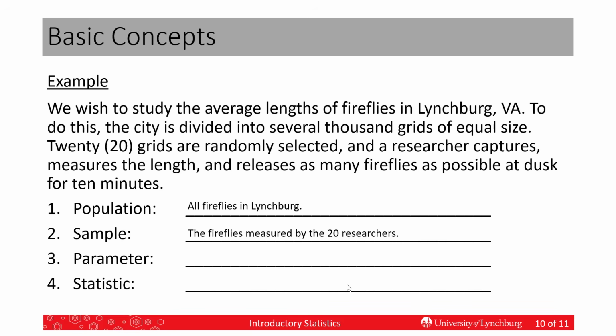That's what we're studying. So for this study, the parameter would be the average length of all fireflies in Lynchburg, not in Virginia, not anywhere else. We've defined our population as all the fireflies in Lynchburg, so the parameter is the average length of that population. And the statistic would be the average length of the fireflies that were measured.